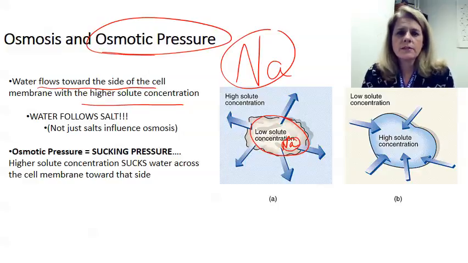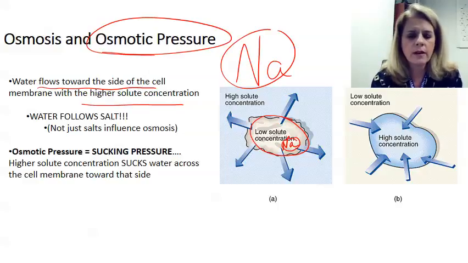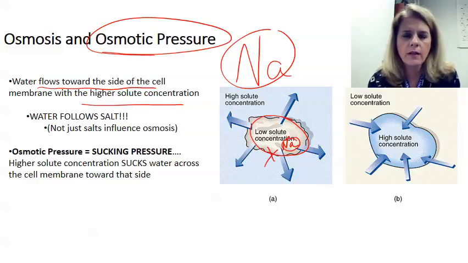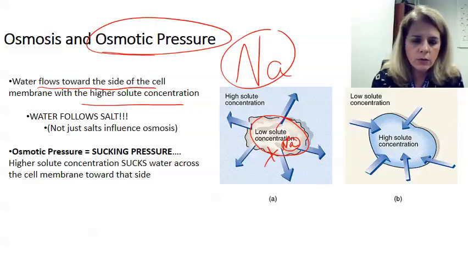So something's got to move in order for you to reach equilibrium. You want the same concentration on either side. Well, sodium's not going to be able to move because this membrane is selectively permeable. It won't allow the sodium to move, but water can move. So what happens is water will leave the cell.